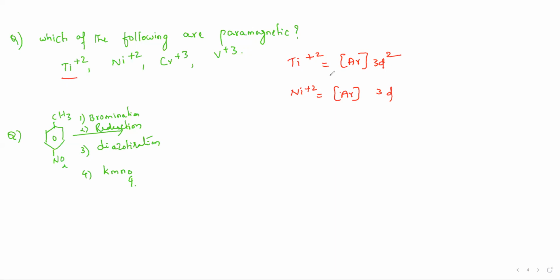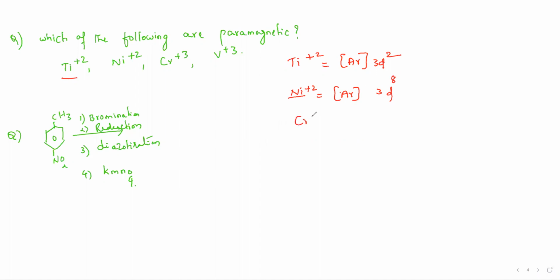We just have to take out electrons. Yeah, this is correct. Nickel atomic number is 28, and if you remove two electrons it is 3d8.